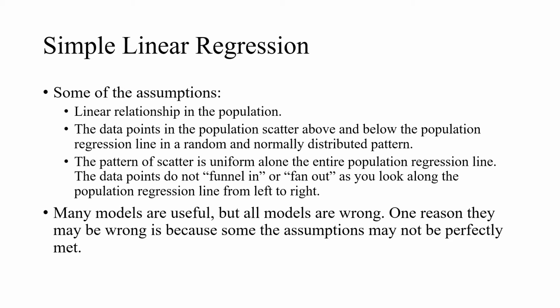A third assumption is that the scatter around the line is uniform along the line. This means the data points do not funnel in or fan out as you look along the line from left to right. Another assumption is that we have a sample of data that has been randomly selected from the population. Now, some models are useful, but all models are wrong. And one reason they may be wrong is because some of the assumptions are not perfectly met.